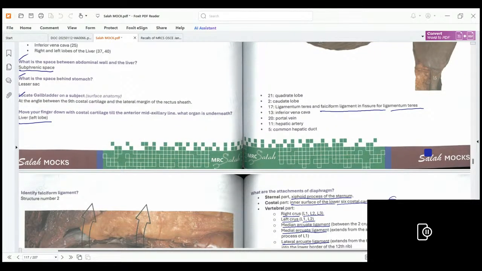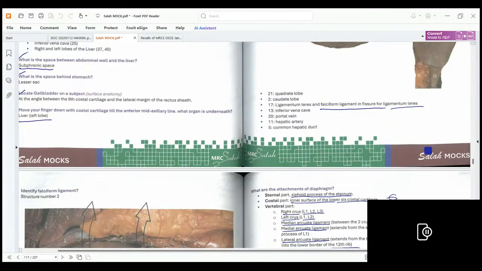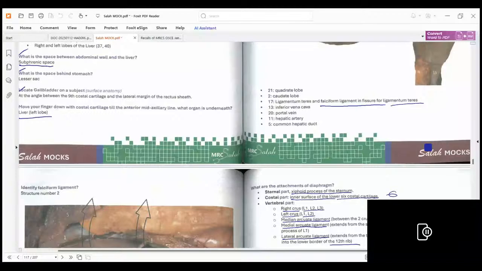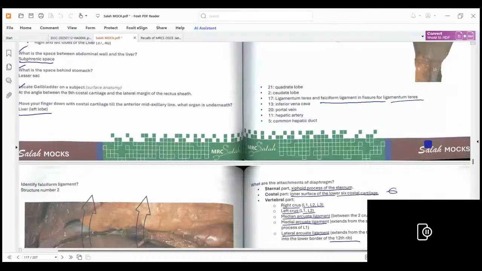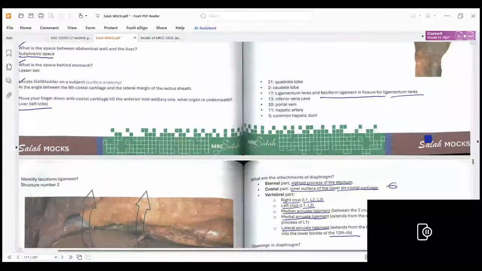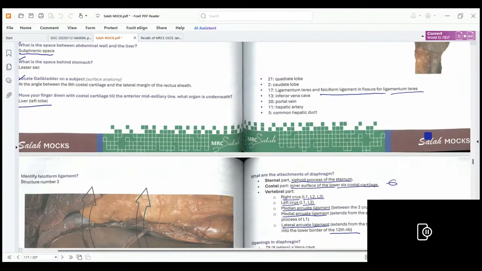Identify structure number two. Structure number two is the falciform ligament. What does it connect to? The falciform ligament connects the liver with the diaphragm. What is it made up of?